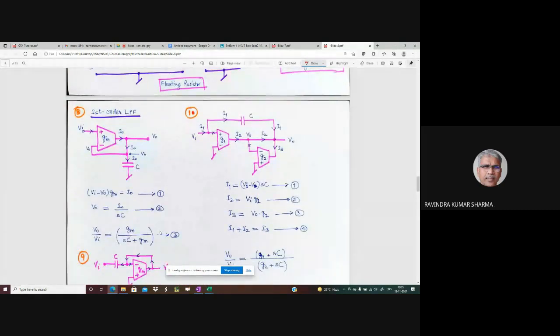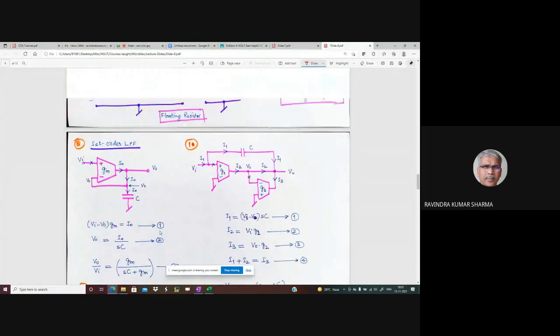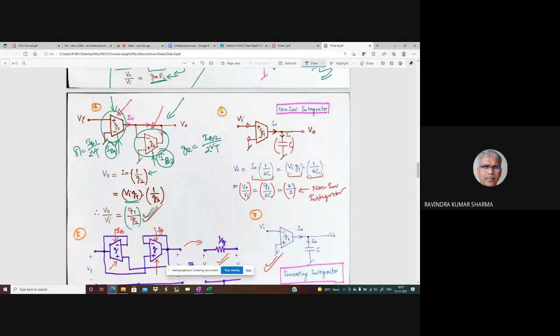See the first order low pass filter. The beauty you saw in these non-inverting and inverting integrators, or non-inverting amplifier and inverting amplifiers, if you try to compare this circuit with those op-amp circuits of inverting amplifier, non-inverting amplifier, or inverting integrator and non-inverting integrator, you can immediately appreciate the simplicity and the deriving equations.